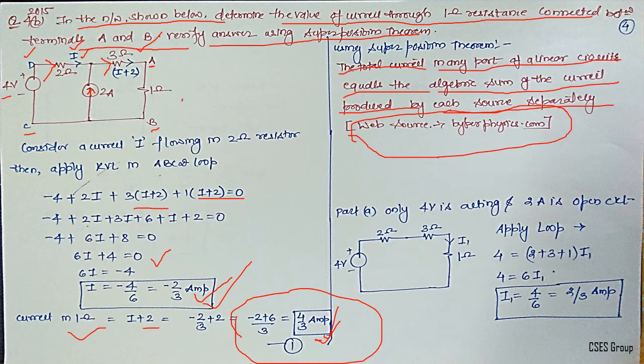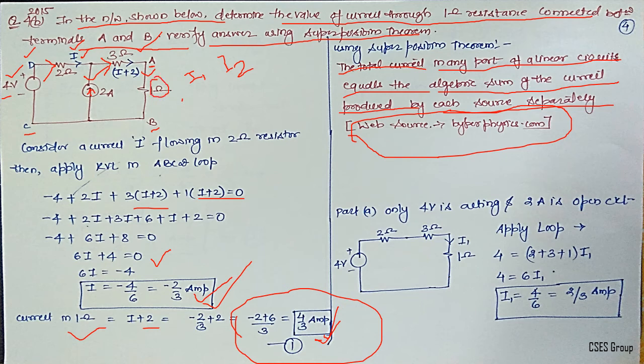So the theorem is, if this source is acting alone, then you will find some current here. Let us call that I1. If the other source is acting alone, then you will find some current I2 in the branch AB.